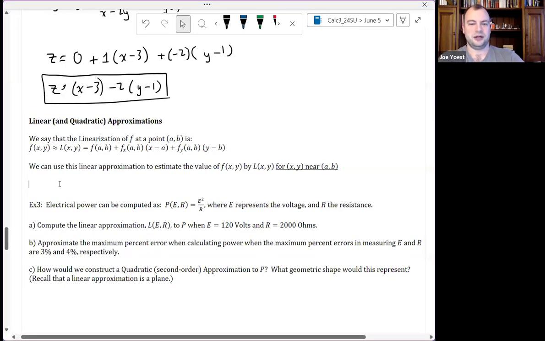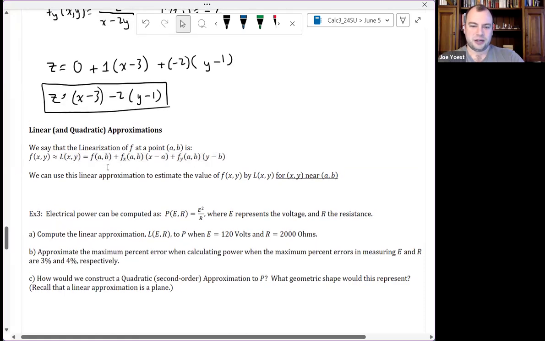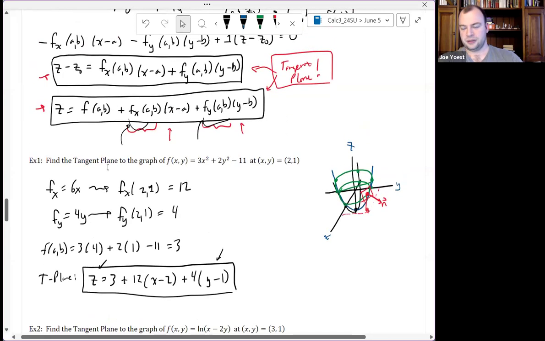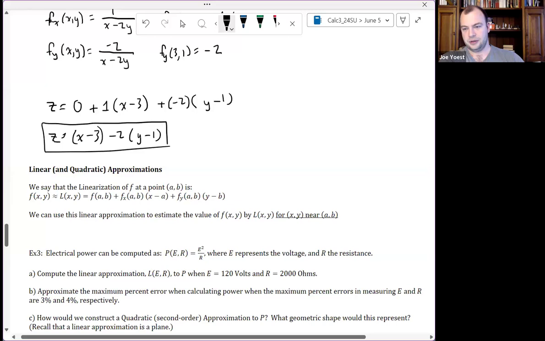So for linear approximations, we can define L(x,y) = f(a,b) + fx(a,b)(x - a) + fy(a,b)(y - b). L(x,y) is just the function that results in a surface that's this tangent plane, right? So z = L(x,y), the graph of that is the surface that's the tangent plane to f(x,y) at the point (a,b).